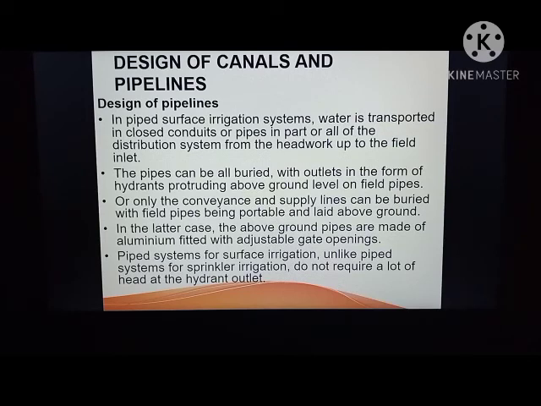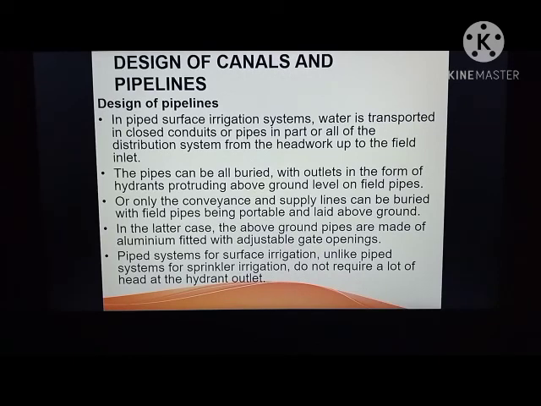The pipes can be all buried with outlets in the form of hydrants protruding above ground level on field pipes, or only the conveyance and supply lines can be buried, with field pipes being portable and laid above ground. In the latter case, the above ground pipes are made of aluminum fitted with adjustable gate openings.